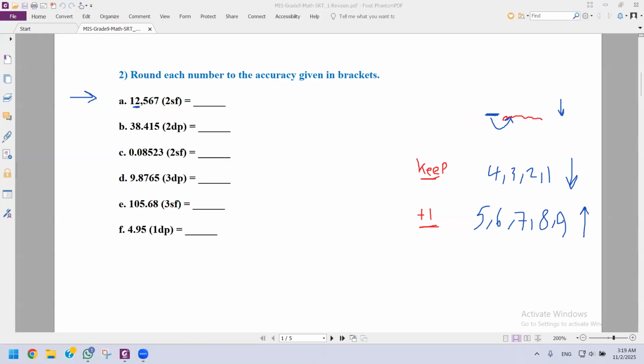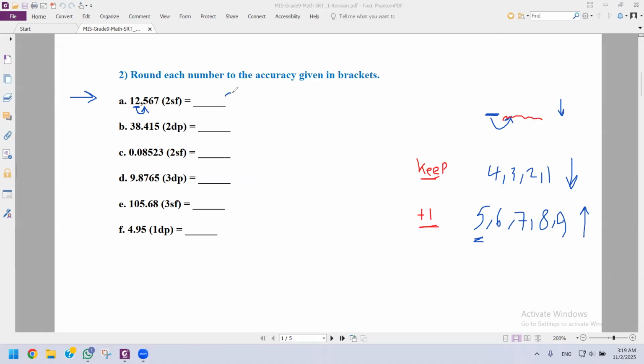Let's see. We said here the second significant figure is 2. Now, where do I look at? I look at 5. Is it round up or down? So 5 round up. So what do I have to do? I should add 1 to the underlined value. What did I underline? 2. Let's add 1 to 2.